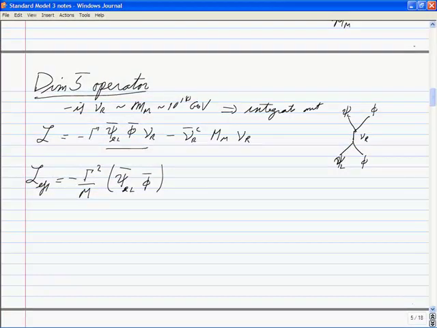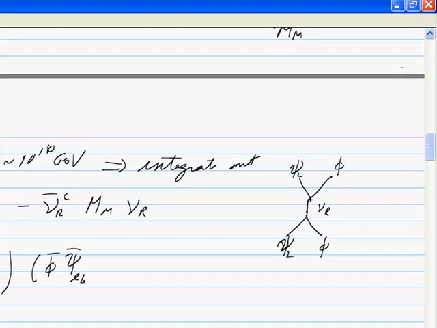The propagator is the 1 over M Majorana, and then we get phi bar, psi bar left conjugated, and you get a Hermitian conjugate.